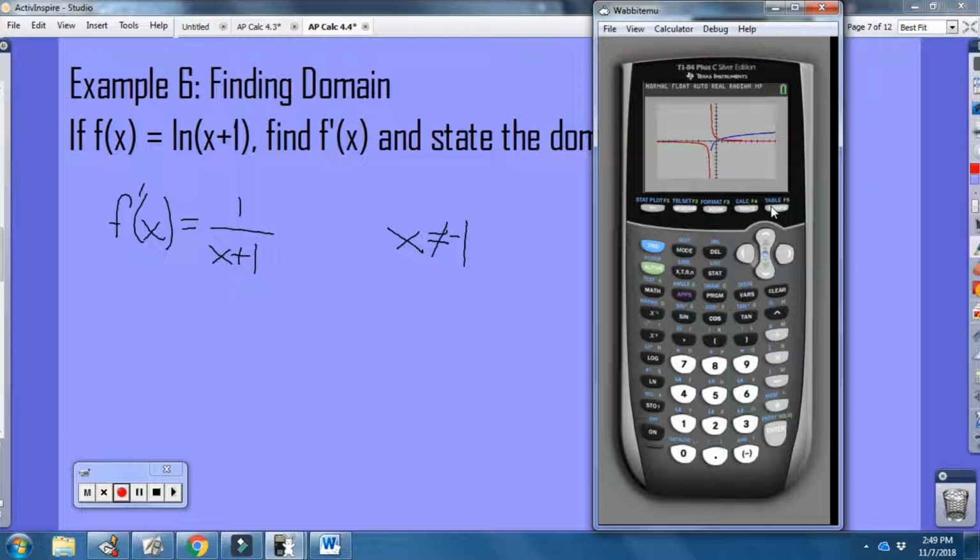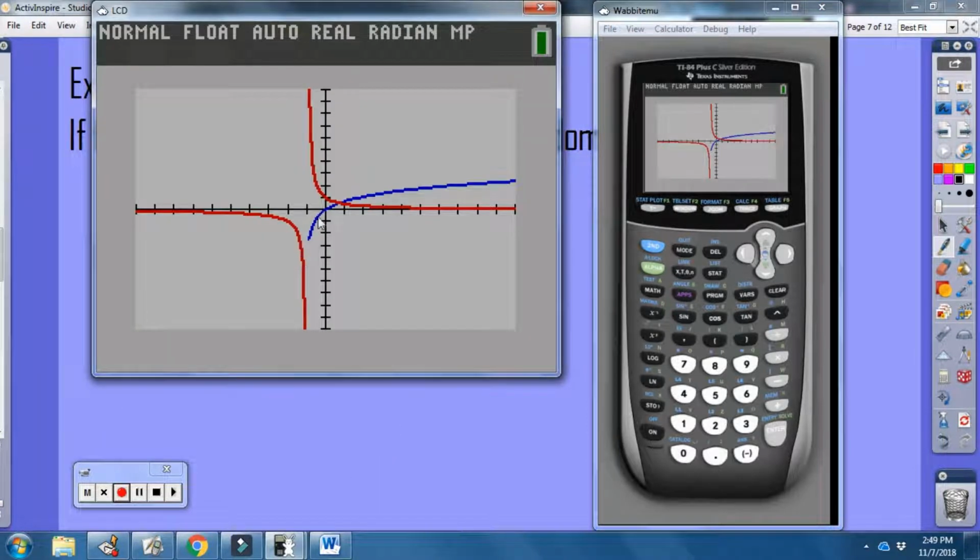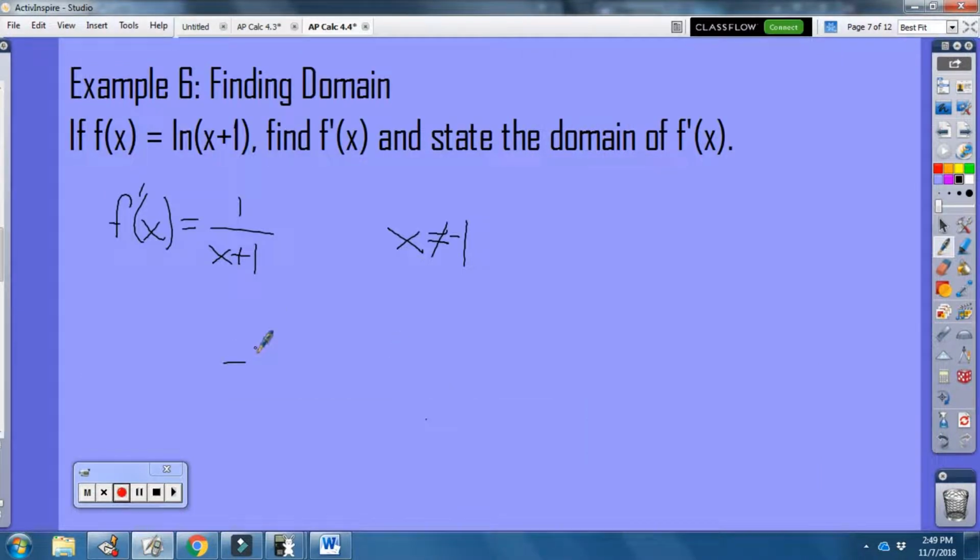Since that doesn't exist to the left of negative 1, that means my derivative can't exist there either. So even though it looks like the only problem is that x equals negative 1, actually the domain is going to be from negative 1 to infinity, not including negative 1. So the domain is negative 1 to infinity, and that's our domain.